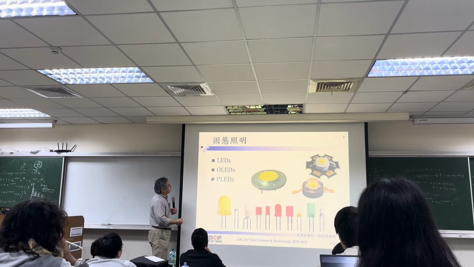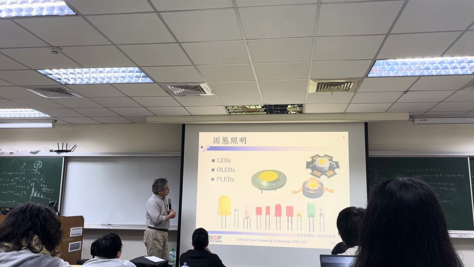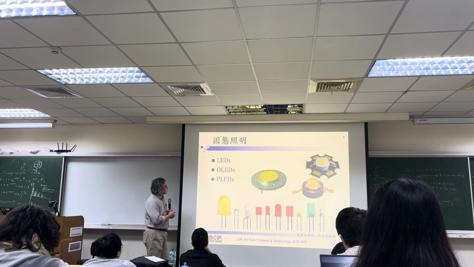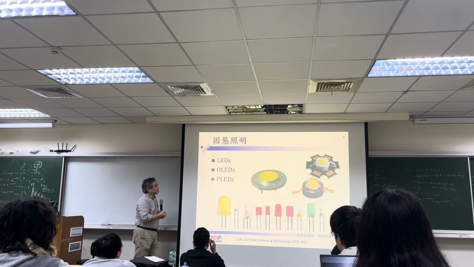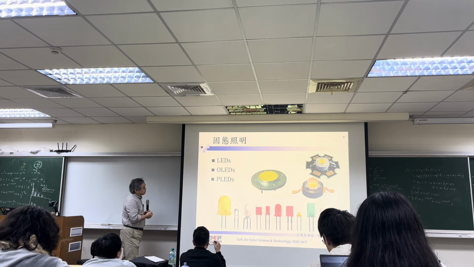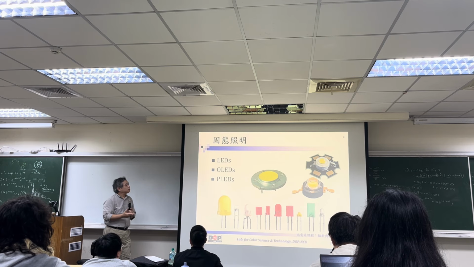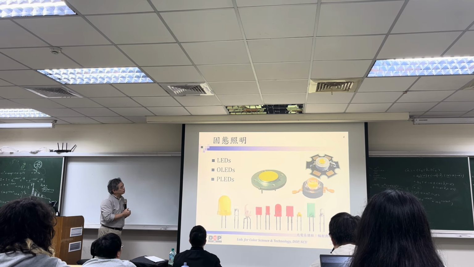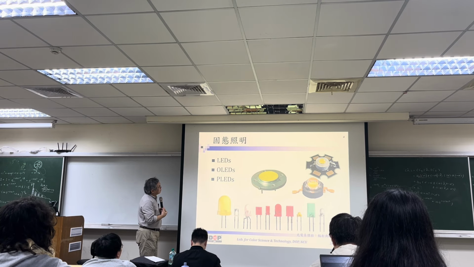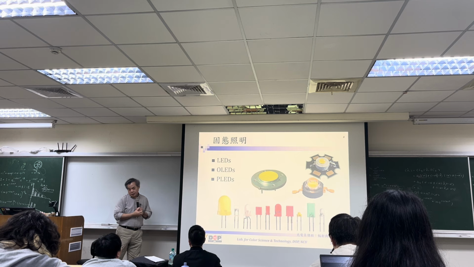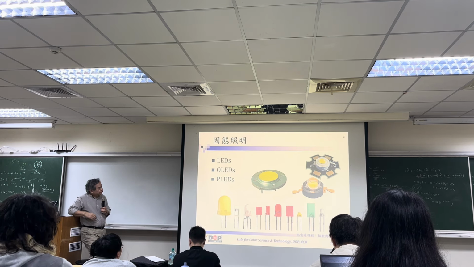And for the emission layer material, we can categorize into three kinds of subgroup. The first one is inorganic, so we call it the light emitting diode. The second one is organic type, so there is organic material there.